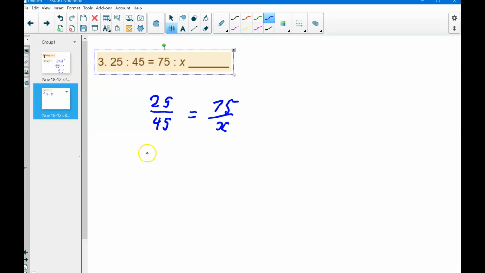We're going to have 25x equals 45 multiplied by 75. But I'm not doing any multiplying yet. I want to do some simplifying first.